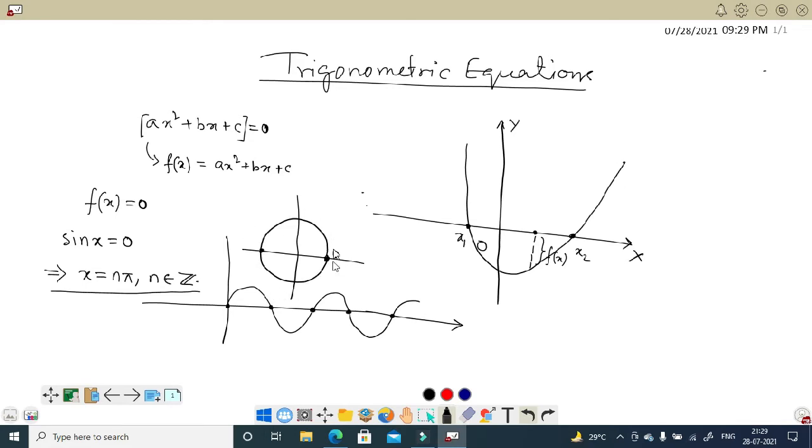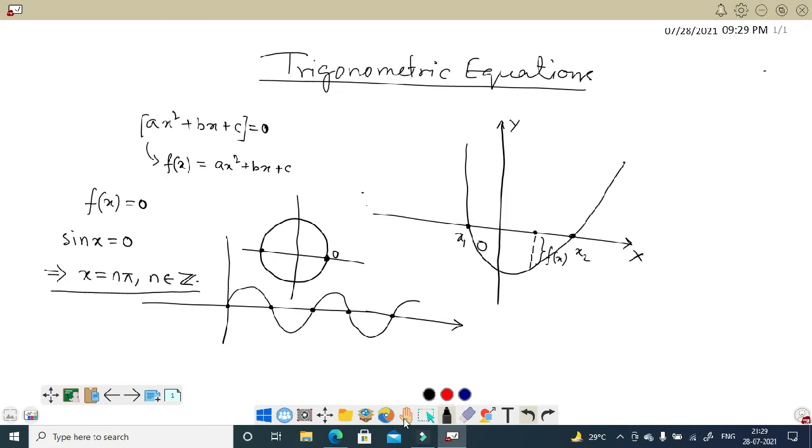And if you rotate clockwise, because in that direction we consider negative angles, it is also 0 at minus pi, then minus 2 pi, minus 3 pi, minus 4 pi, and so on. So on the horizontal line it will be all the multiples of pi. So these are the solutions for sin x equals 0.